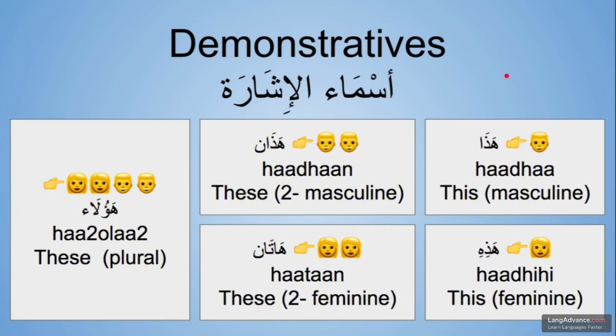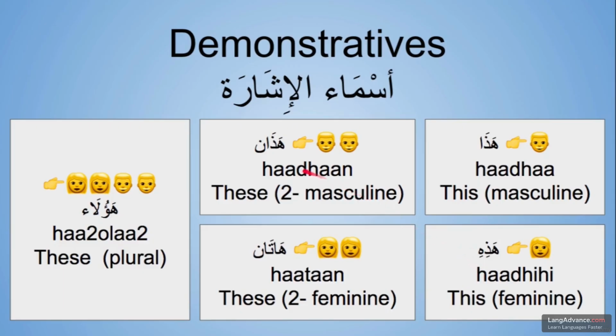Demonstratives are words like this and that and these and those, which are used to refer or to point to things. So in Arabic we have 5 of these. The first one is هذا, which means this when you're referring to a masculine singular. And هذه, which also means this, but when you're referring to a feminine.